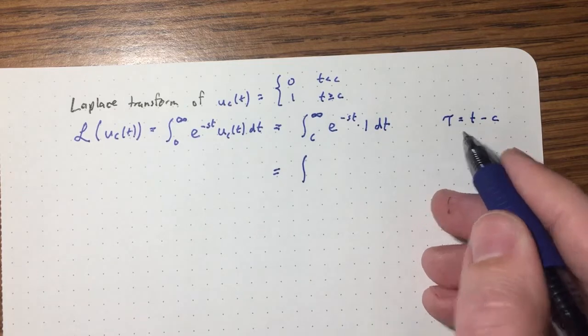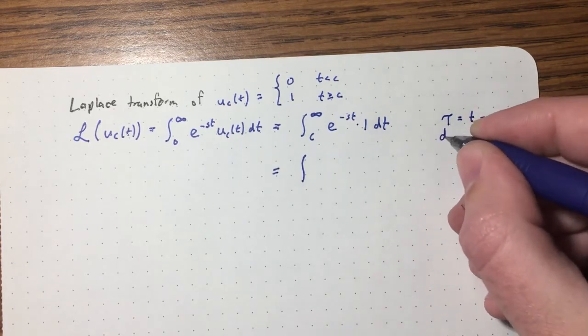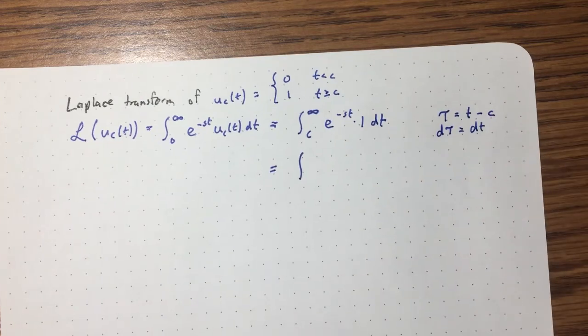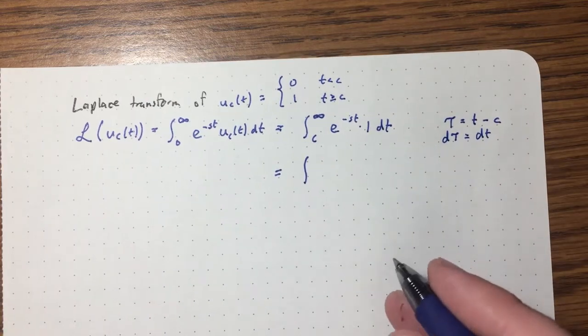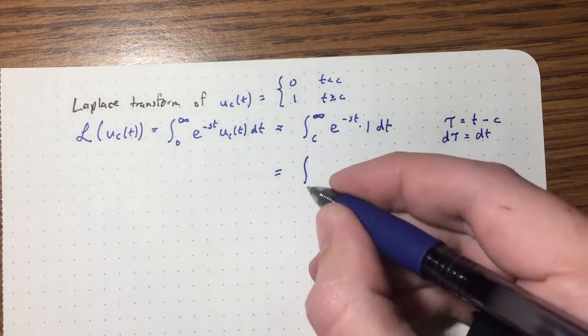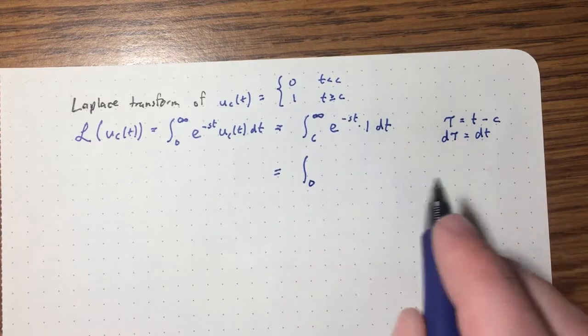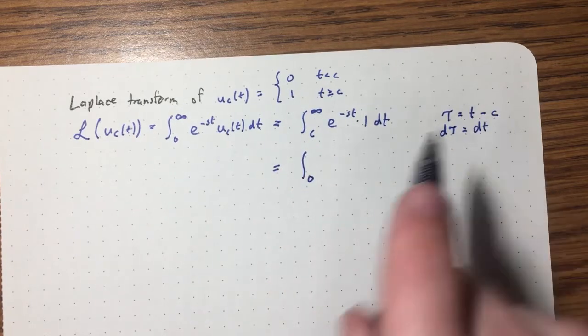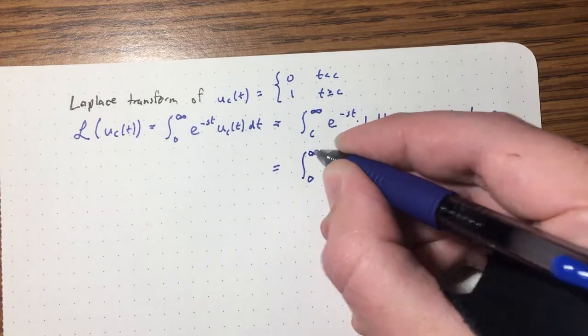So I'll call that tau. Tau is going to be t minus c. D tau is just dt. Right, that's just a constant, goes away. Which means I'm now integrating from 0 to infinity. Well, technically it's infinity minus c, but that's still infinity.